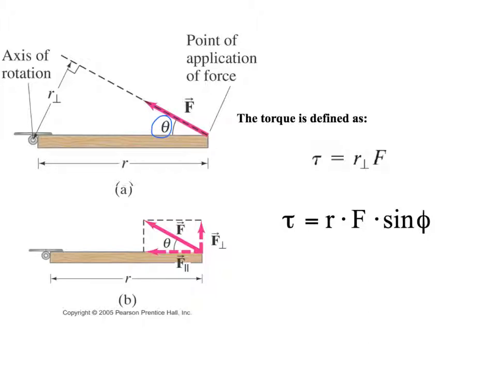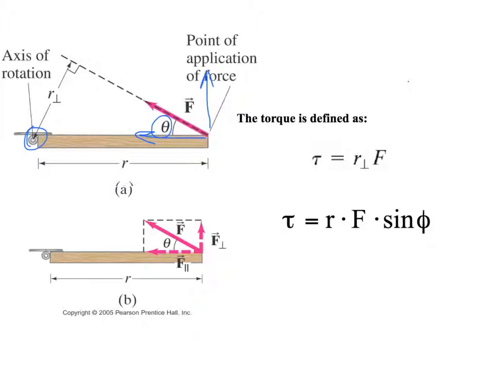So what that means is when you look at this force that's being applied at an angle theta, there's two components to this force. There's a y component and there's an x component. The x component is acting in the same line as the radial arm, and it's acting directly into the hinge. So that force is not going to produce any torque.